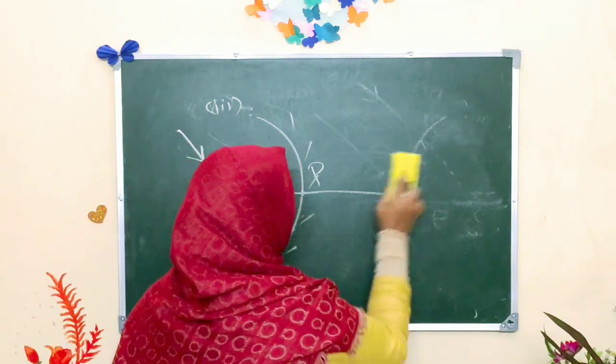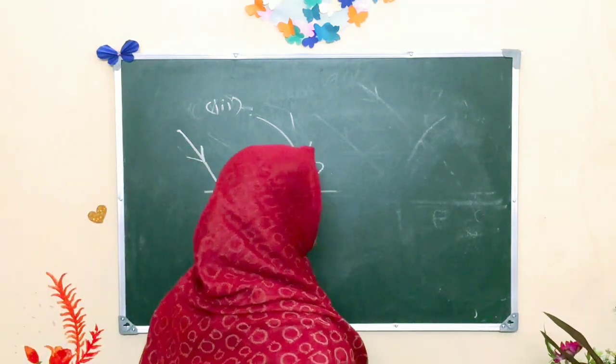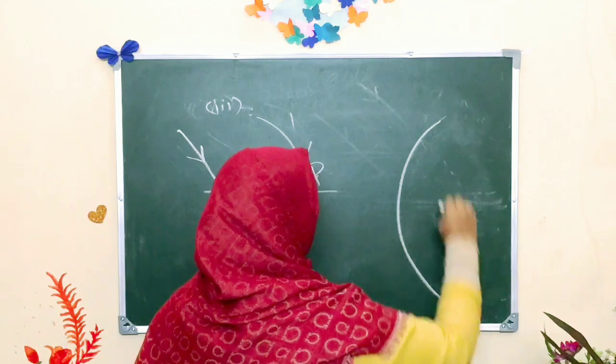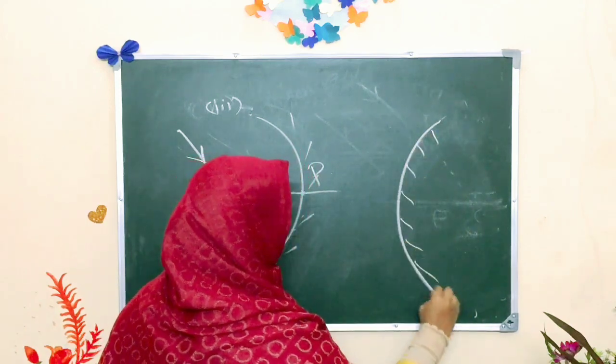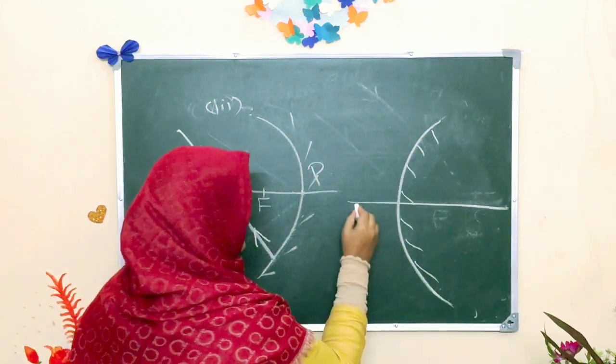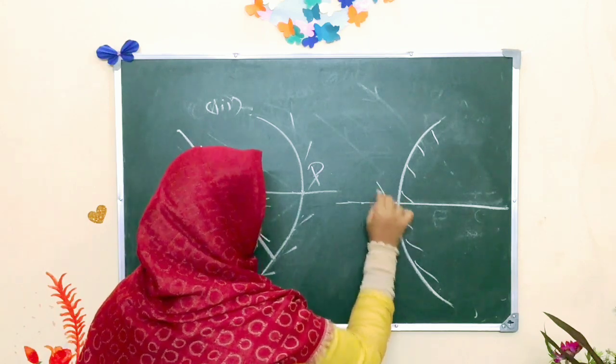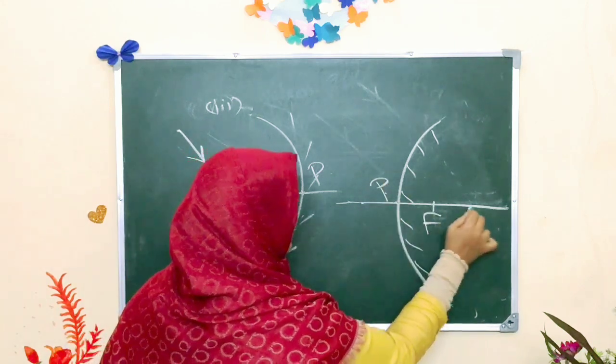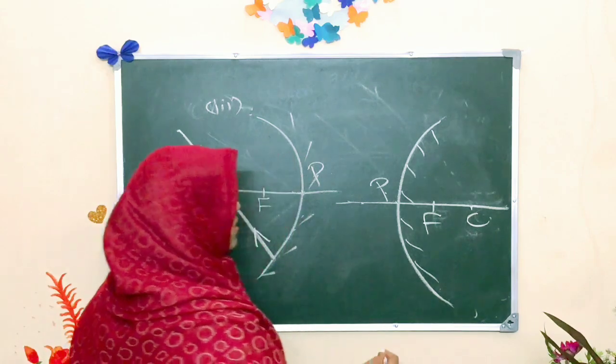Next is the convex mirror: principal axis, pole, focus, center of curvature.